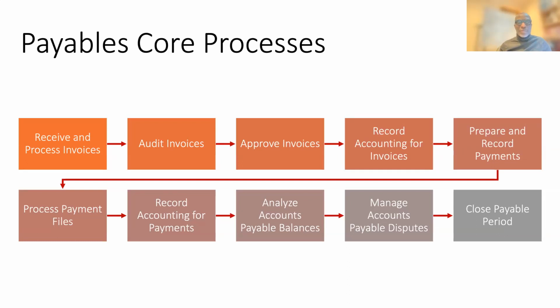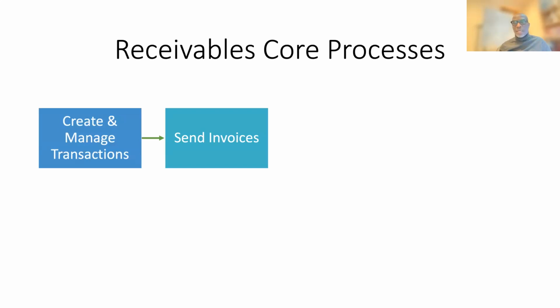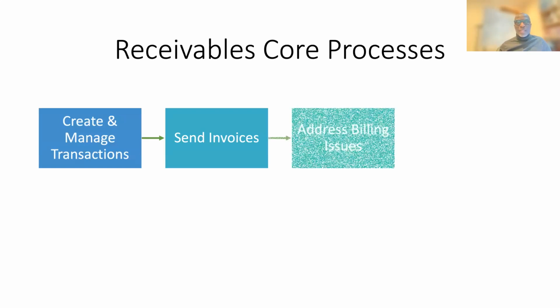And then the same thing for receivables. For receivables, you're going to be looking at creating and managing transactions, how the invoices will be sent to the customer, whether by email, B2B, XML, electronic. There are so many ways in which you can send invoices now. And then look at the billing issues. Are they going to be using collections, for example? How do they address billing issues, customer disputes, and so on?